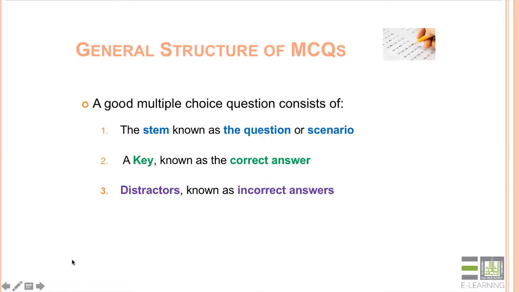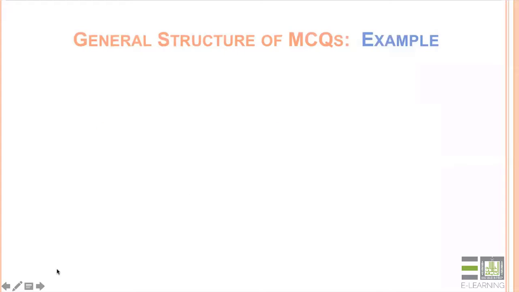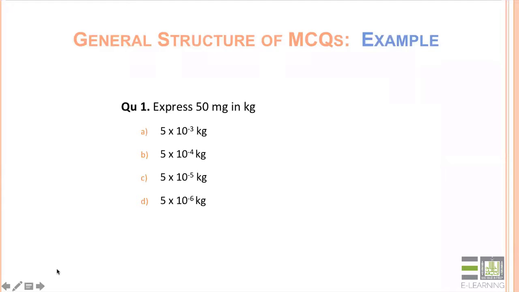Now, a good multiple choice question should have all these three elements within it, and students are expected to respond to a multiple choice question by indicating which alternative they believe is the best answer, or which alternative best answers the STEM.